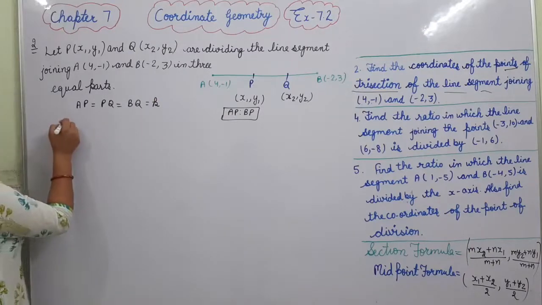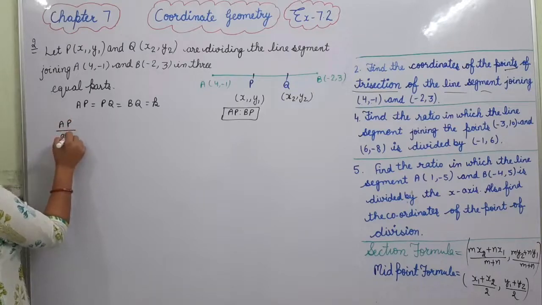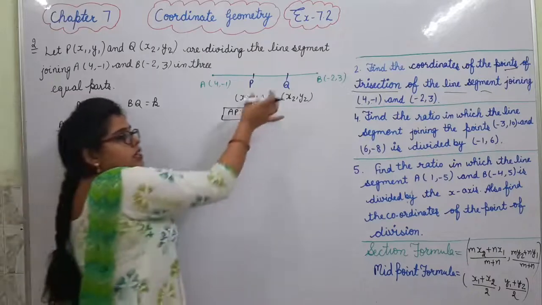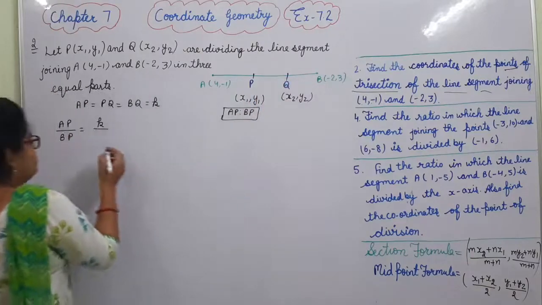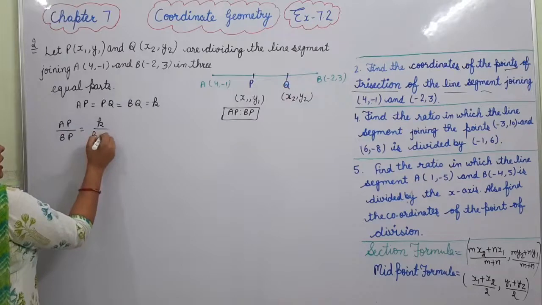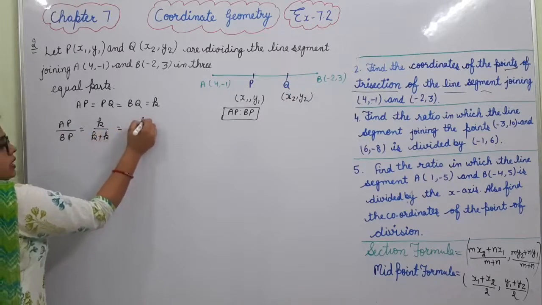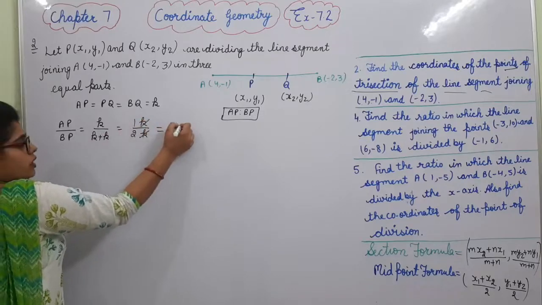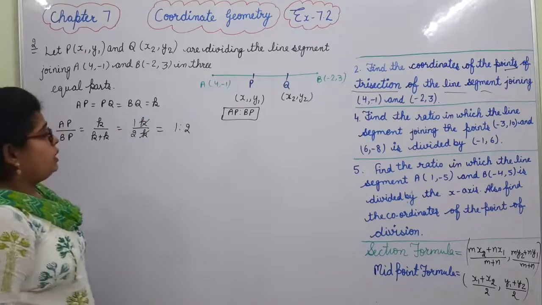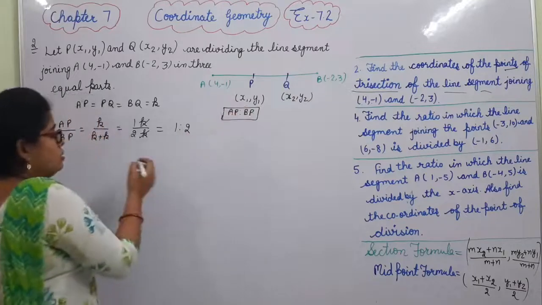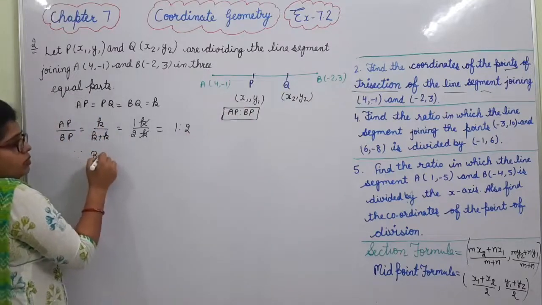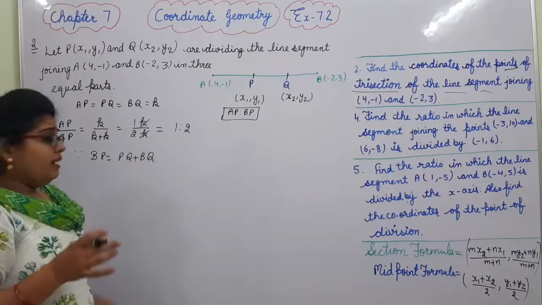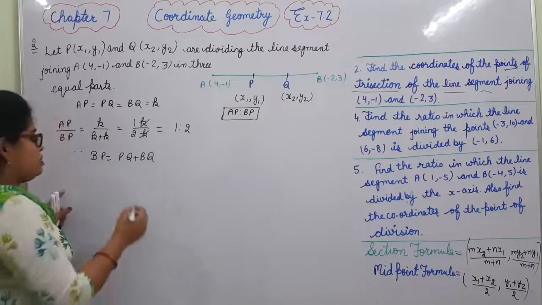Now, AP upon BP we have to find. So, AP is K and BP is equal to PQ plus BQ. Means K plus K. It means K by 2K, K cancels out. What is left? 1 ratio 2. Or simply you can write, because BP is equal to PQ plus BQ, you can find these in the form of AP also.